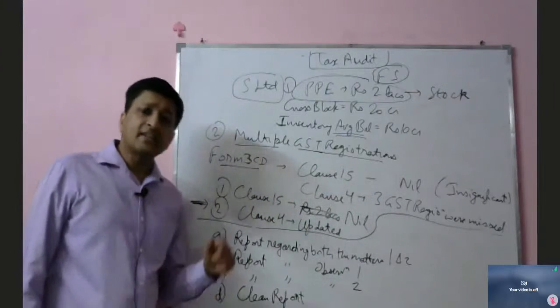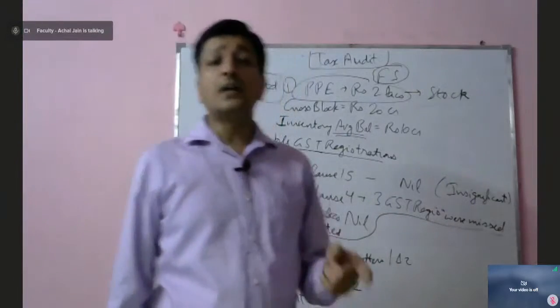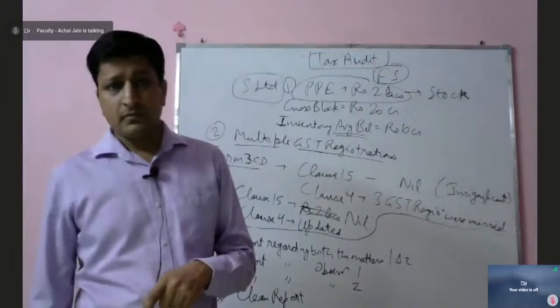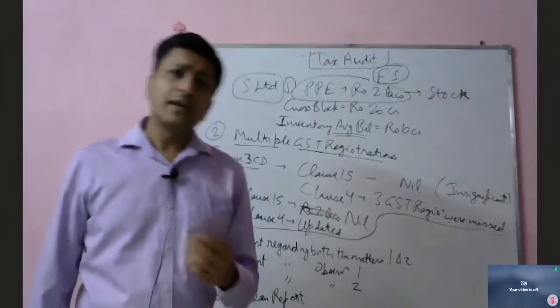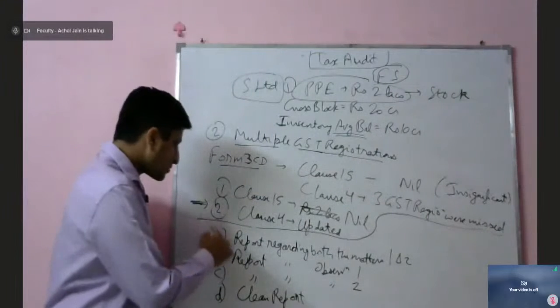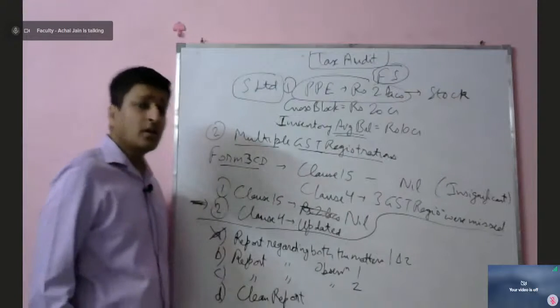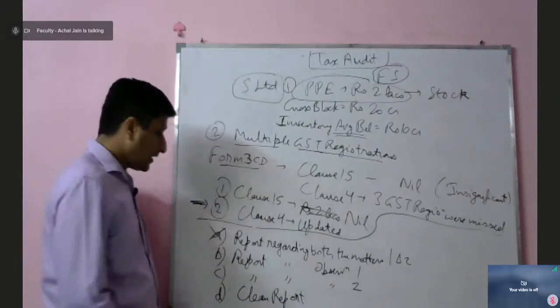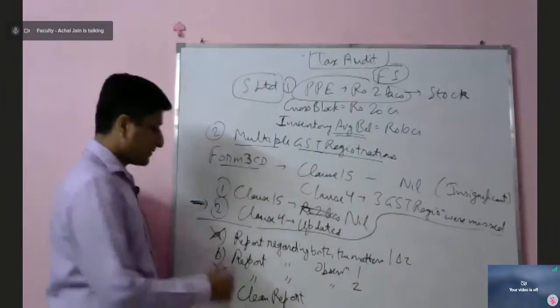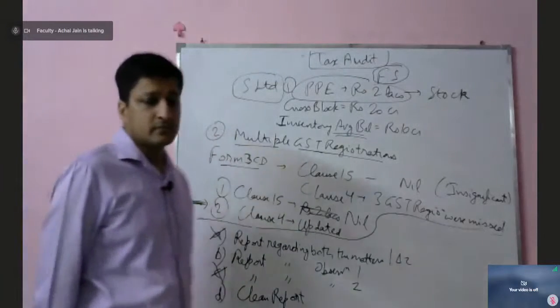So to say that the particulars of form 3CD are not true and correct, will that be the right stand by the auditor? The answer is no. So this option is not possible, because it requires the auditor to comment on clause number 4, and that's why option number C also goes away. So both these options are removed.